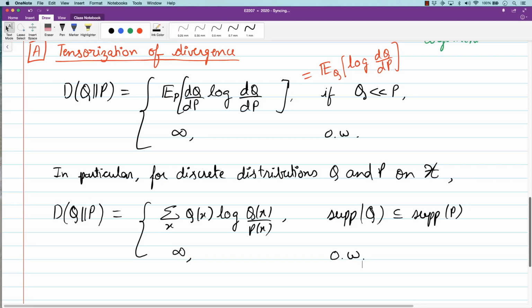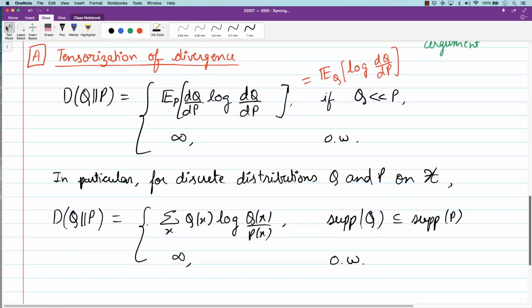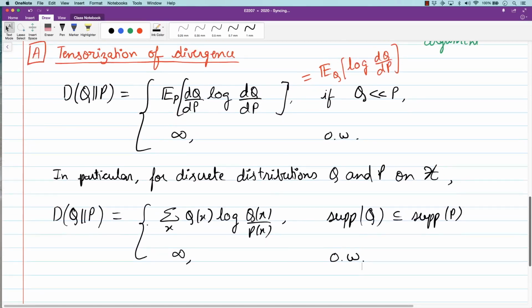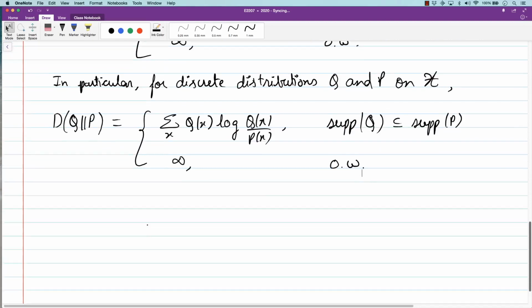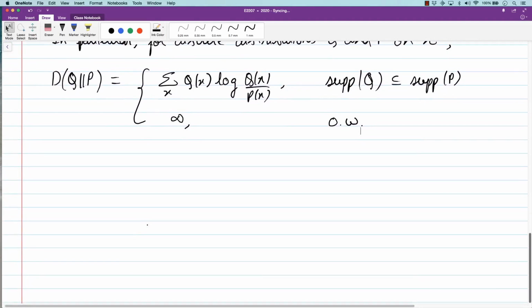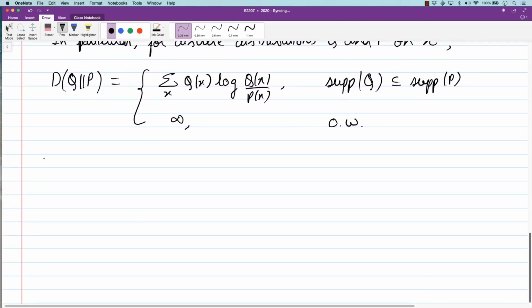So this is what Kullback-Leibler divergence is. We saw this last time, and this comes up in Herbst's argument. Now I'll quickly review two very basic properties.